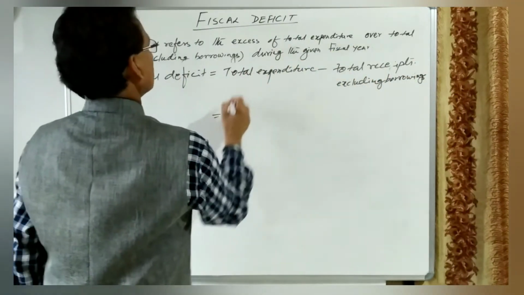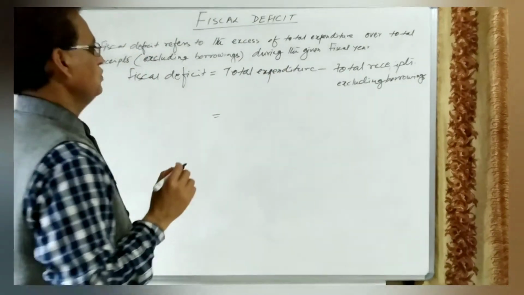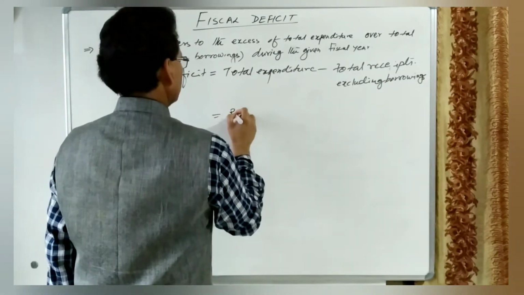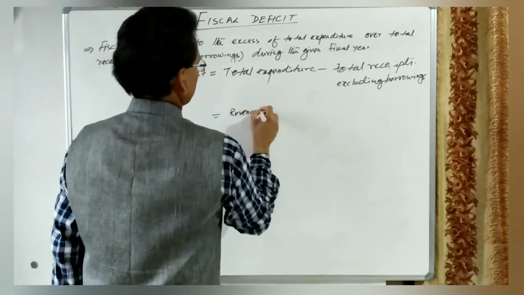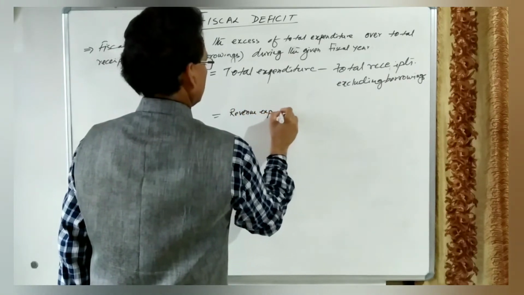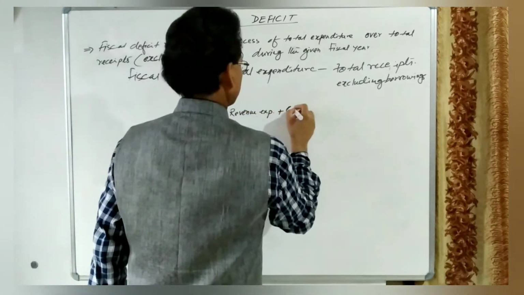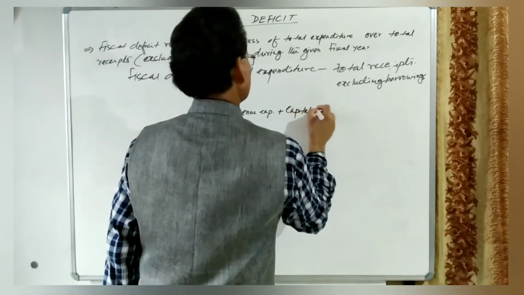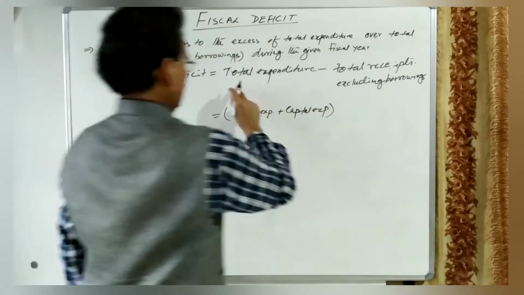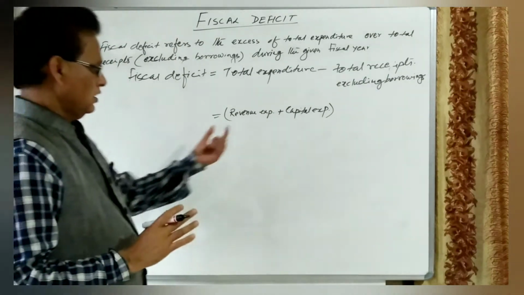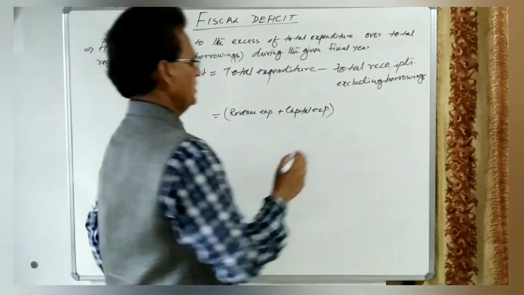Here, total expenditure is of two types. One is revenue expenditure and another one is capital expenditure. So total expenditure is equal to revenue expenditure plus capital expenditure.